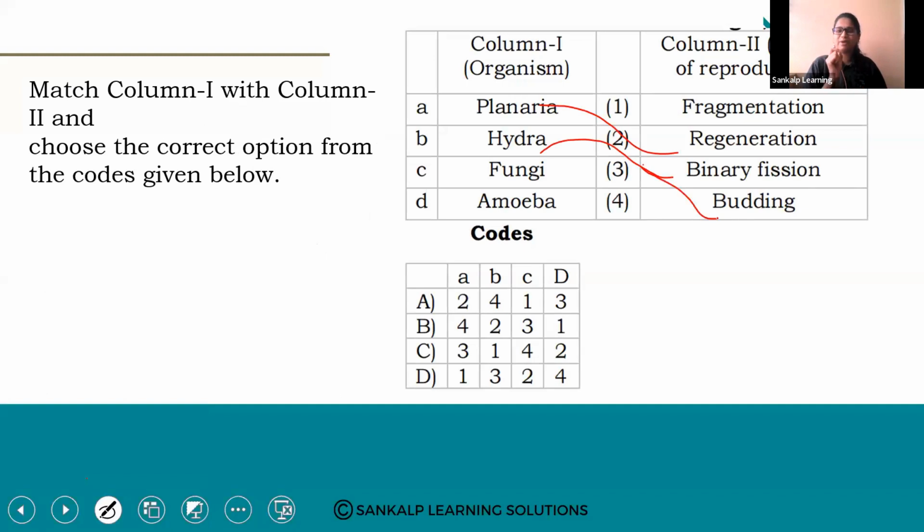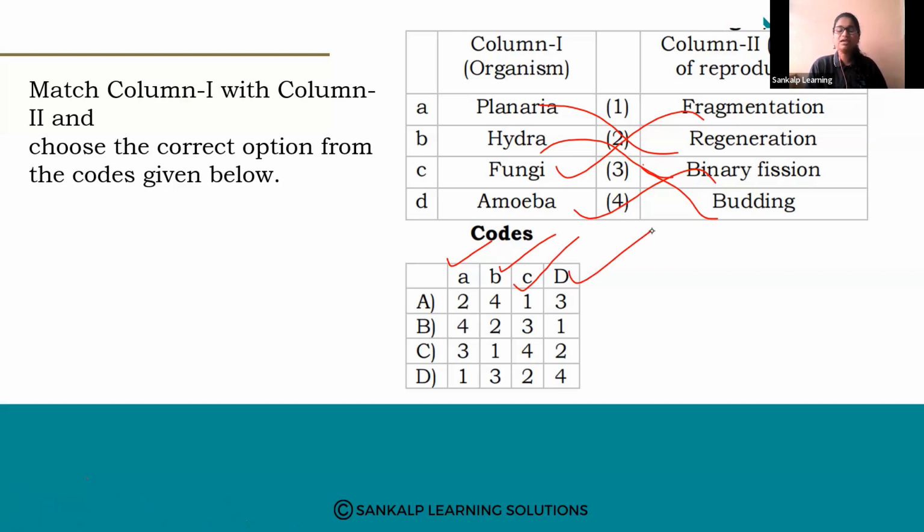Some of the fungi will reproduce by fragmentation. Then amoeba will reproduce by binary fission. So planaria 2. Then hydra 4. Okay, this one. Then yes, correct. So whoever voted for option A, right? Most of them voted for option A. Option A is the right answer here.